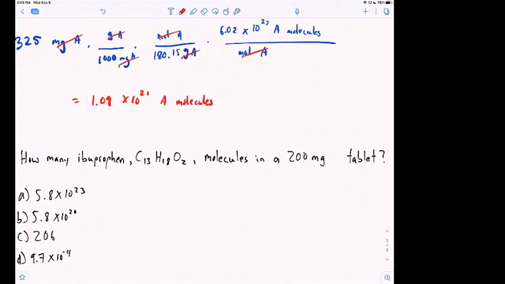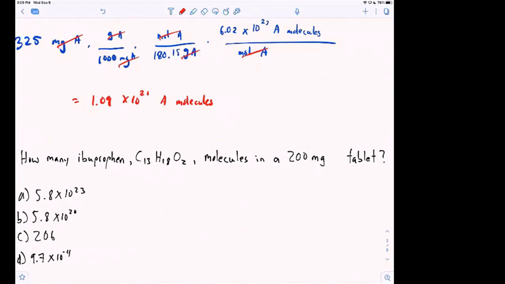I want to see how well you understand something. If you get it, I move on. If you don't get it, I try to figure out what's wrong, and then I do what I can to correct that. So this is your turn. We've just learned how to do molecular weights.